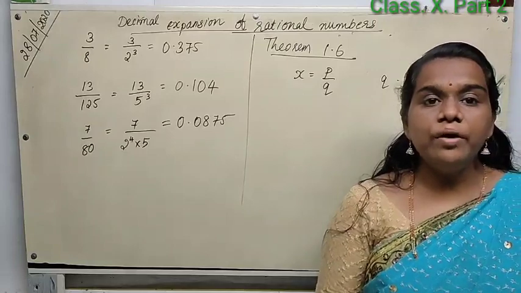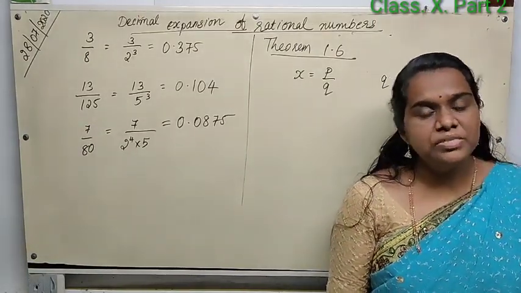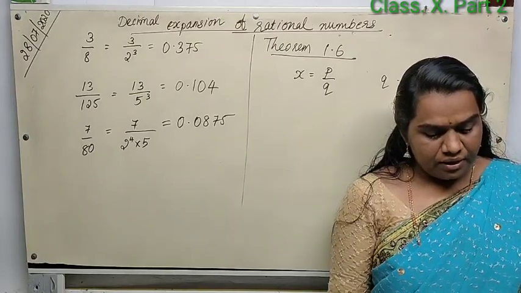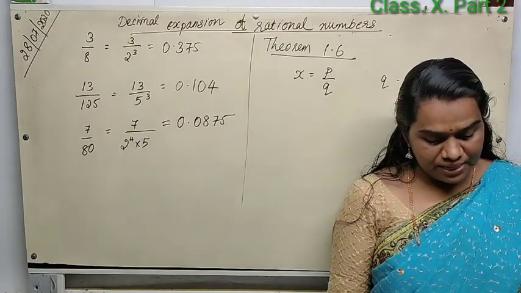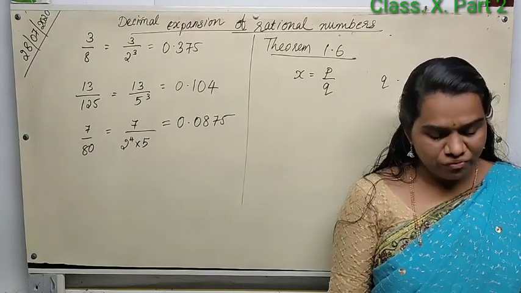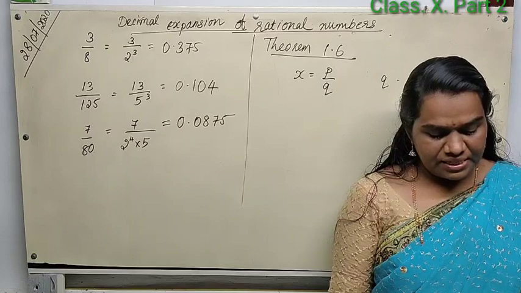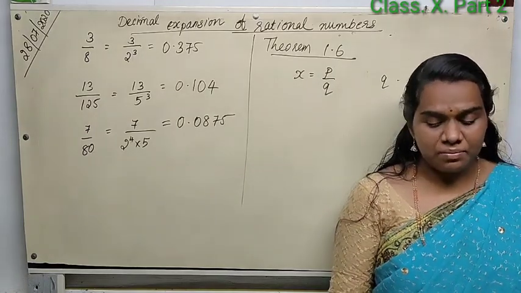The converse of that is theorem 1.6. What do you mean by converse? The opposite. Then x equals p by q is a rational number such that the prime factorization of q is of the form 2 raised to n, 5 raised to m. Then x has a decimal expansion which terminates.